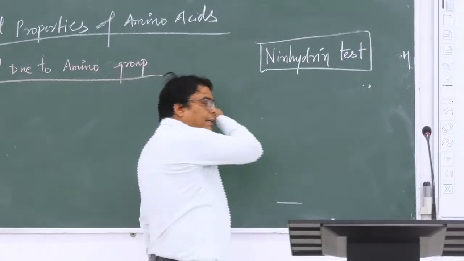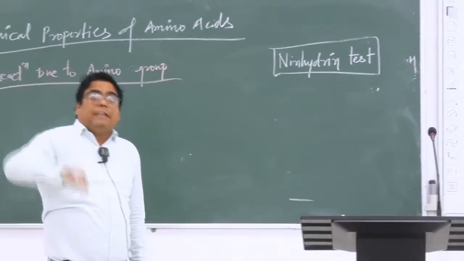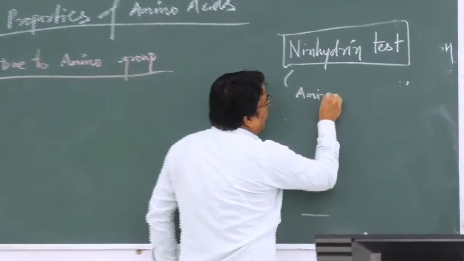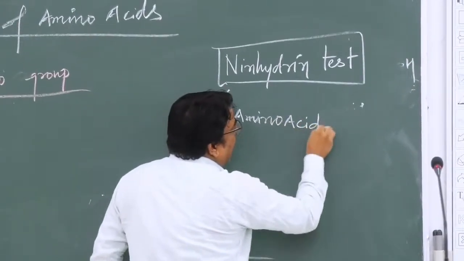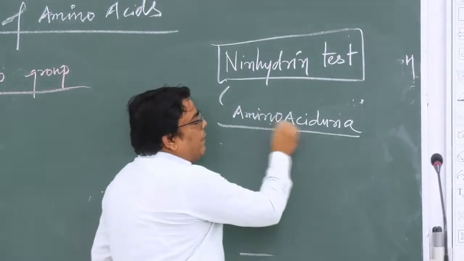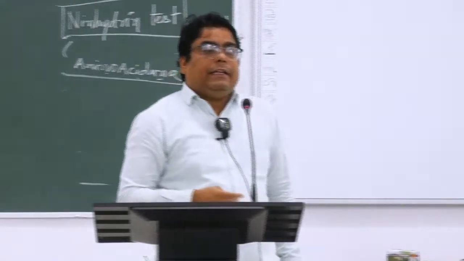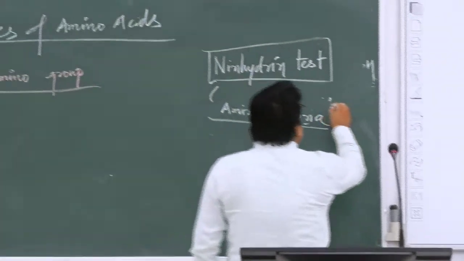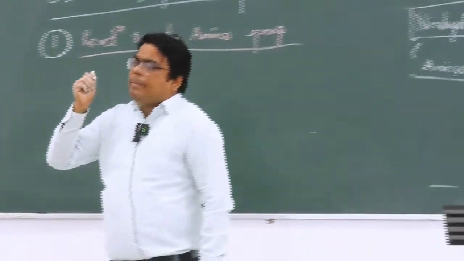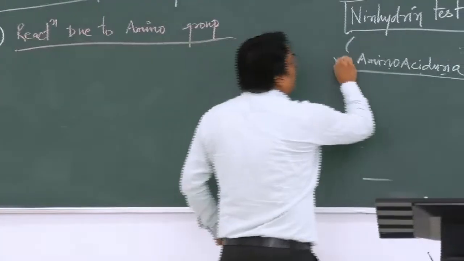We perform it to identify a particular amino acid in different samples, to identify different amino acidurias. Students, understand the term amino aciduria means presence of amino acid in the urine, excretion of amino acid in the urine. And how do we identify it? By this ninhydrin test. By performing a simple test, we identify the presence of a particular amino acid in the urine, and it is used to identify different amino acid conditions.